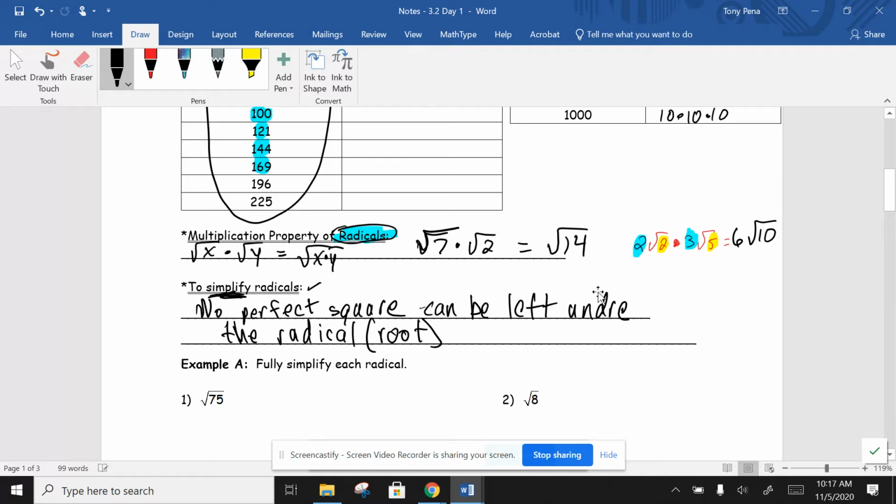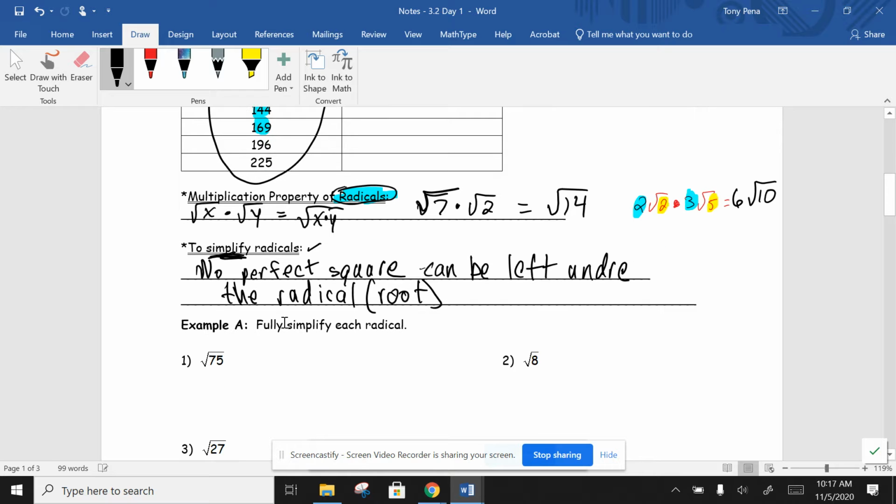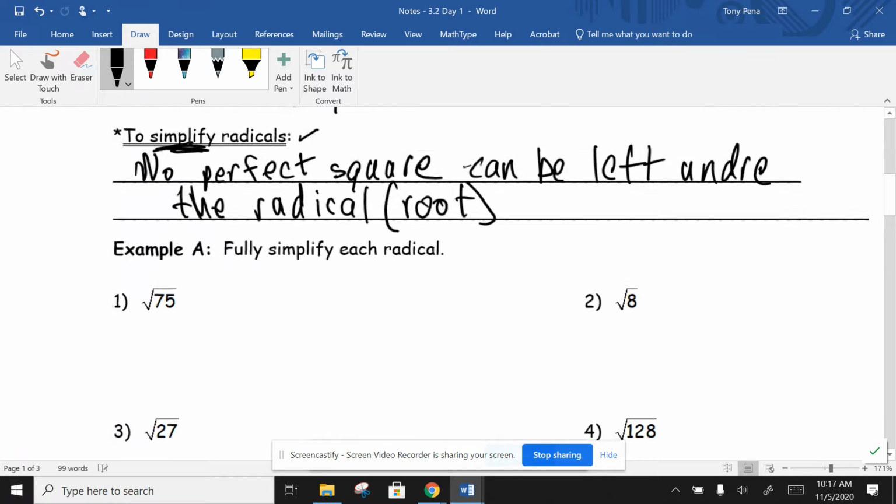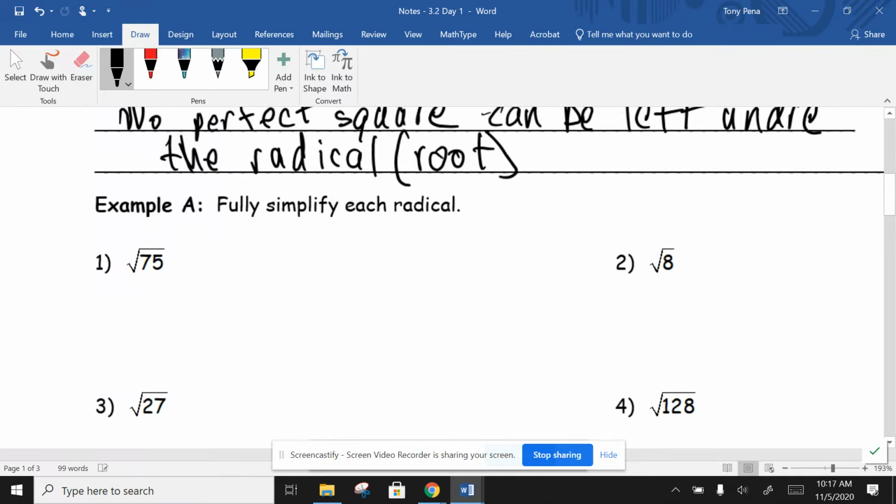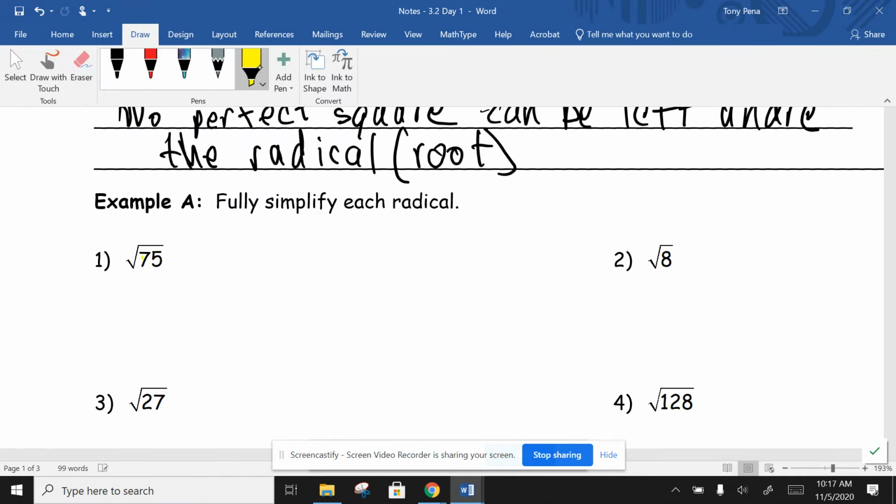All right, so now here's what this means, because this is what we're really going to be doing the rest of the period, just simplifying each radical. So for us to simplify a radical, if we look at this 75 right here, what we cannot do is leave a perfect square underneath this. Calculators are probably good with this, something you probably would be using in your quiz and a test, because what we have to understand is there is a perfect square factor that we could use to get 75.